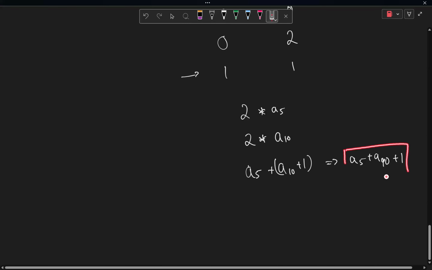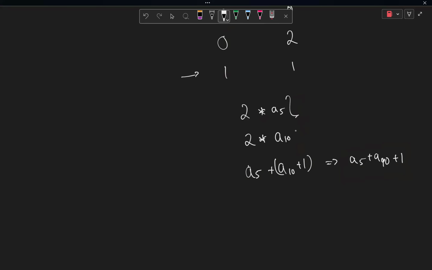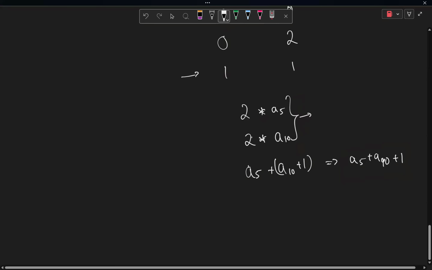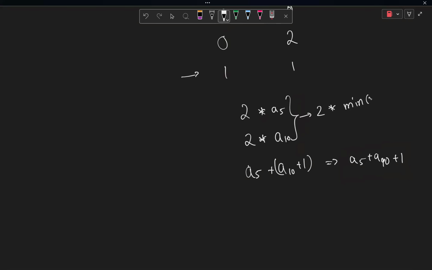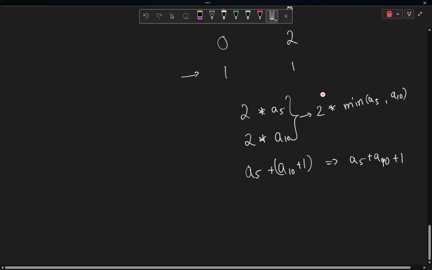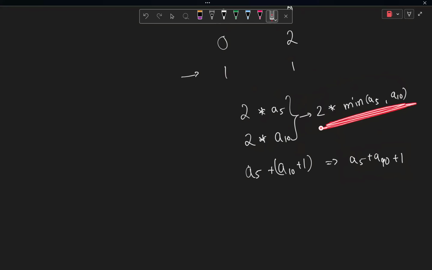This is definitely going to be larger than at least one of these. If you look at the better answer of both of these, it would come up to be 2 into minimum of A5 and A10. One of these will actually have this cost, which is definitely better than this cost.